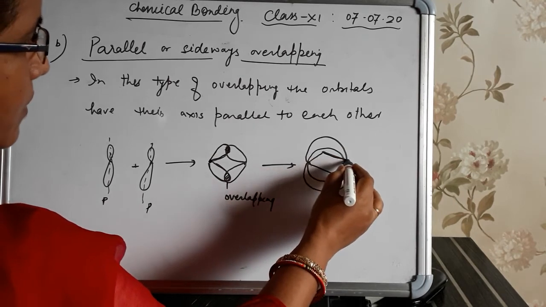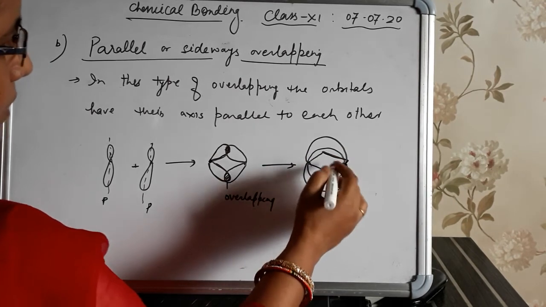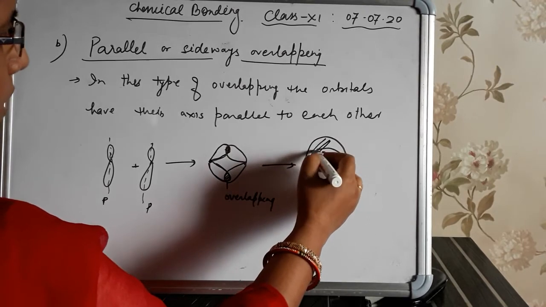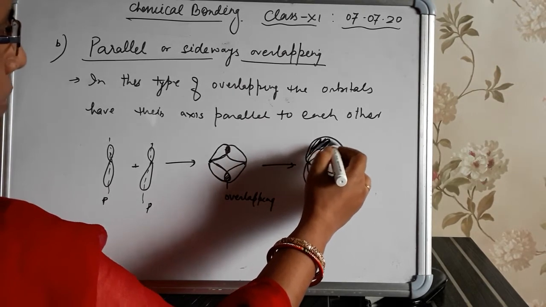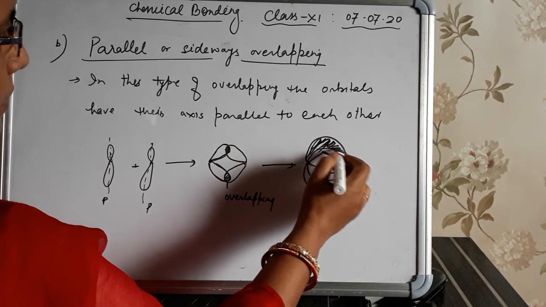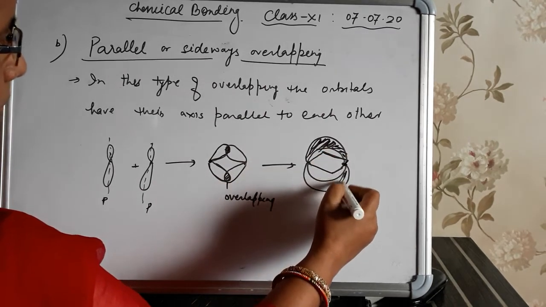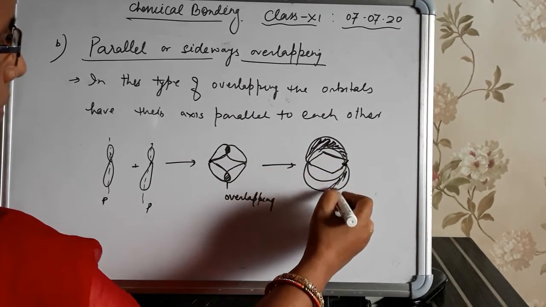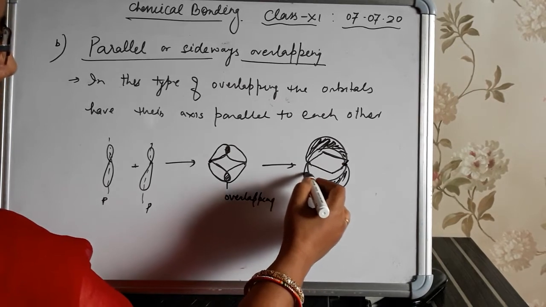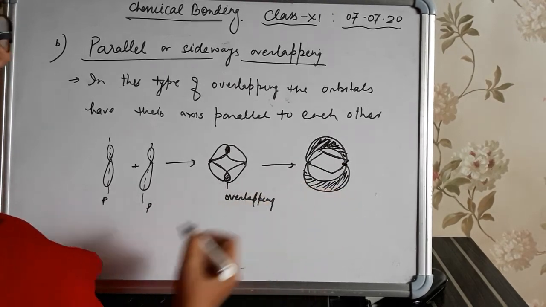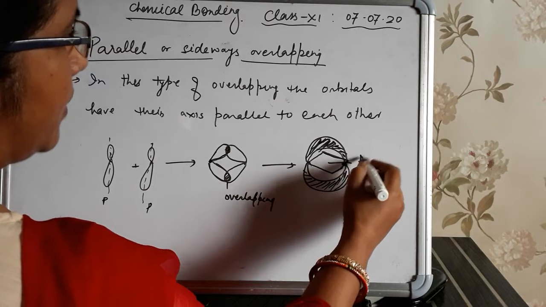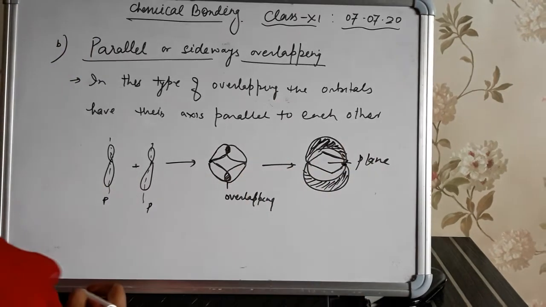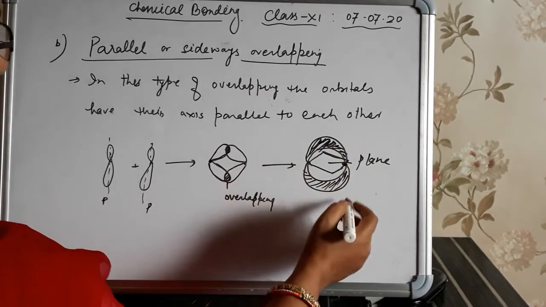So electron clouds are just above the plane and below the plane. This is the plane, and the electron clouds form above the plane and below.